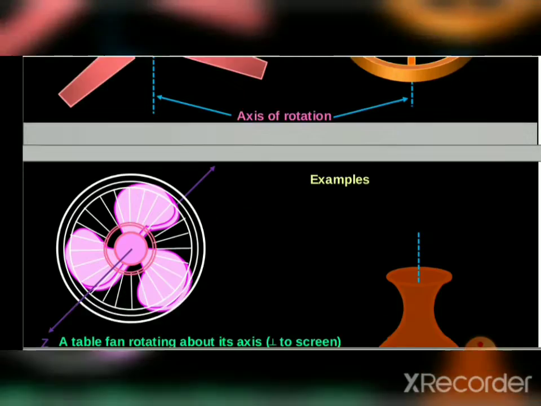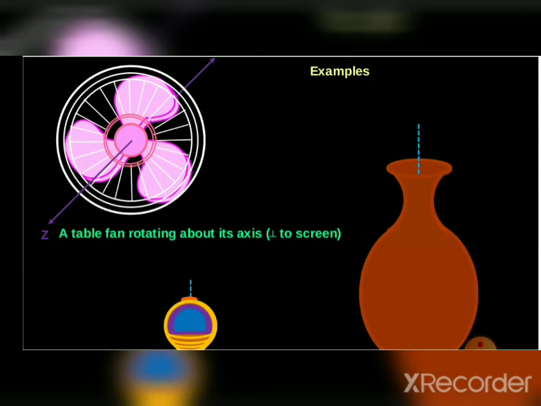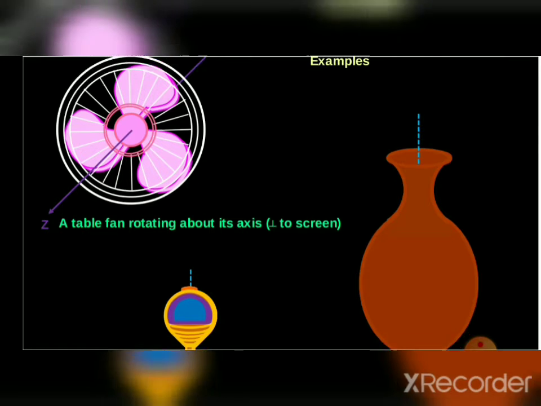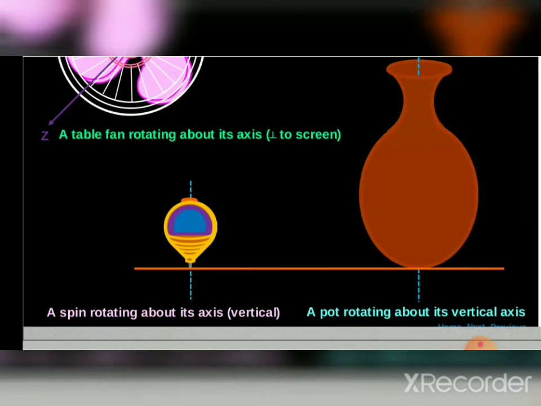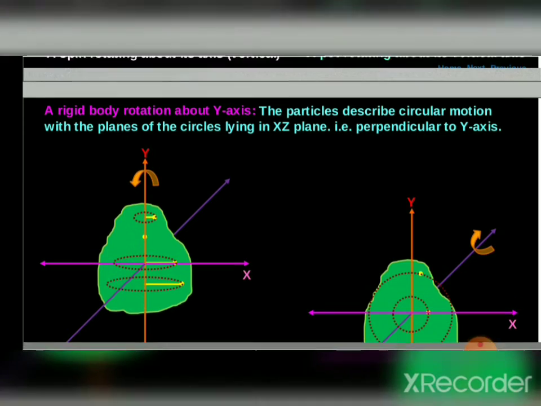Now another example is a fan, or a top till when it is moving straight, or a pot rotating on a vertical axis. Okay, simple.